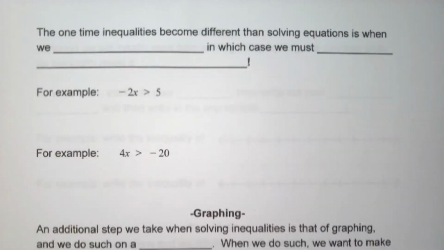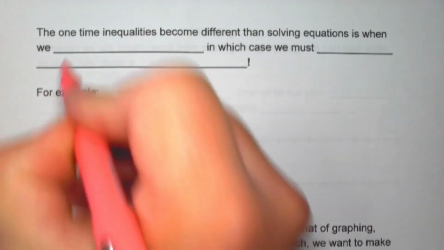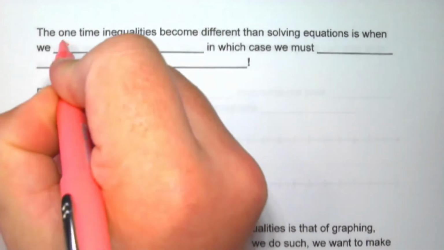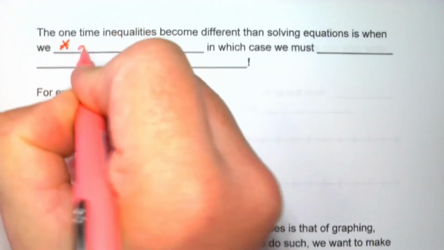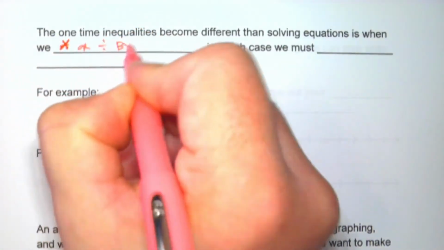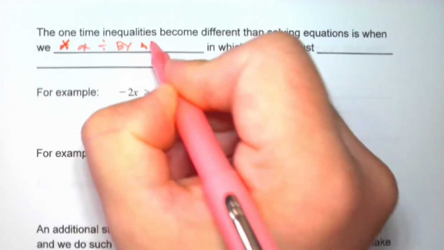Now, before we get to how we represent these answers differently, which you get the little hint here with graphing, there is going to be a rare time where, on the last page we said that symbol doesn't change anything, we just bring it straight down. There is going to be a rare time to look out for where it can change directions. And that happens when you either multiply or divide by a negative number.